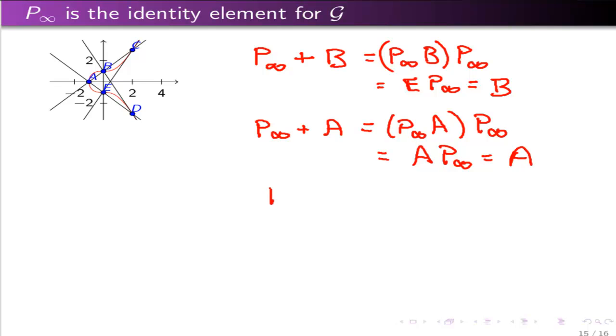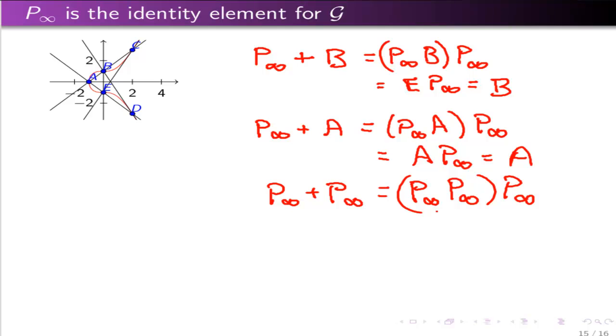And then finally, P infinity plus P infinity. This, by definition, is just going to be P infinity. So we're going to make a formal definition here that P infinity is an inflection point. So P infinity is P infinity.